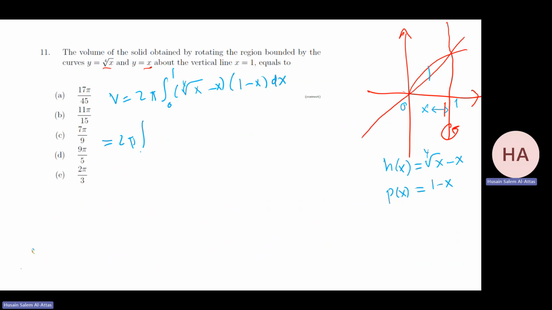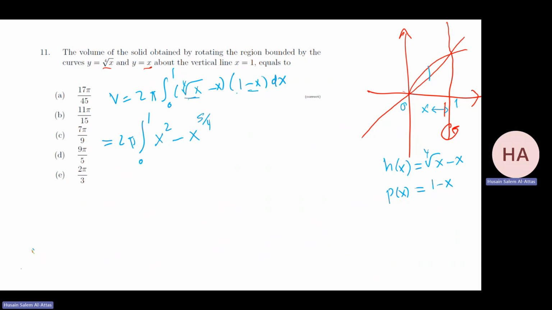Now let me do the product. I can change it into powers at the same time. X times minus x, that will be x squared. This times this, that give me minus x to the power 1 over 4 plus 4 over 4, 5 over 4.